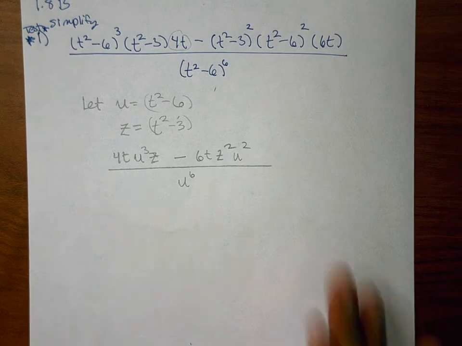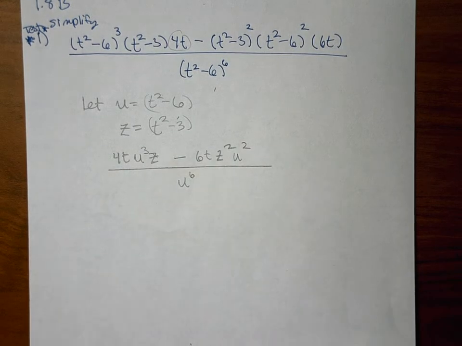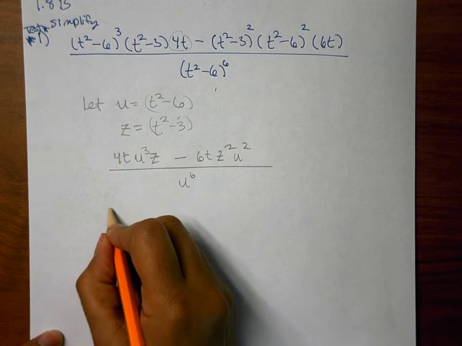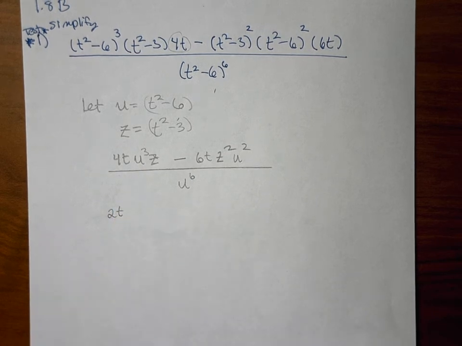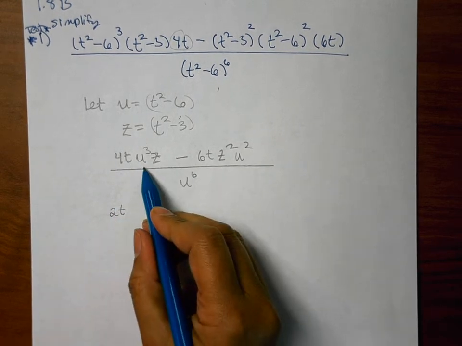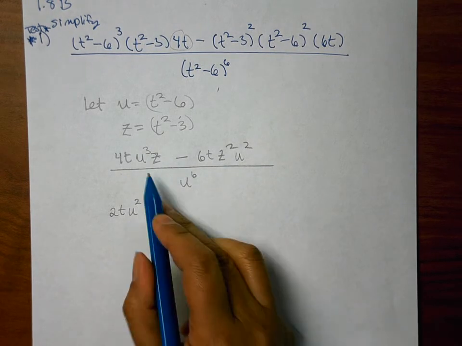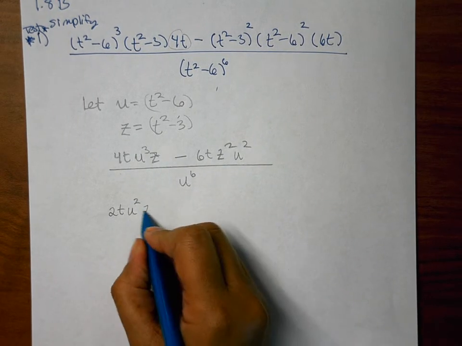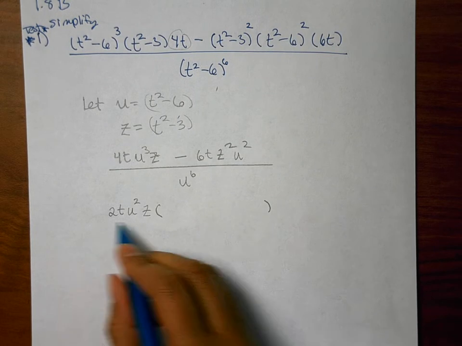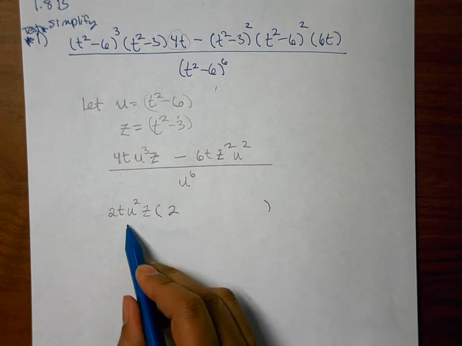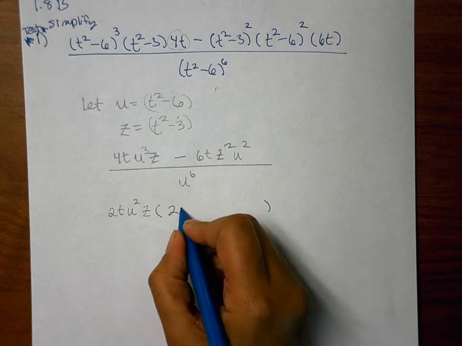I cannot do any reducing because there's two terms at the top, so I'm going to pull out a GCF. 2 goes into both, actually 2t. And what else? There's a u cubed and a u squared, so I'm going to write down u squared. There's a z and a z squared, so I'm going to write down a z. Parentheses. 2t times what is 4t? That's 2. U squared, I need another u to make it u cubed.